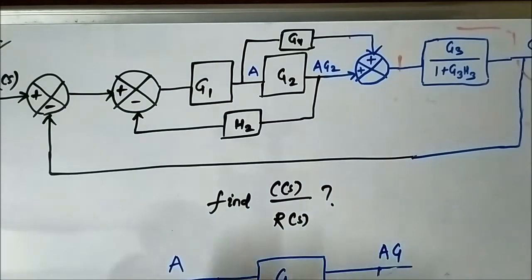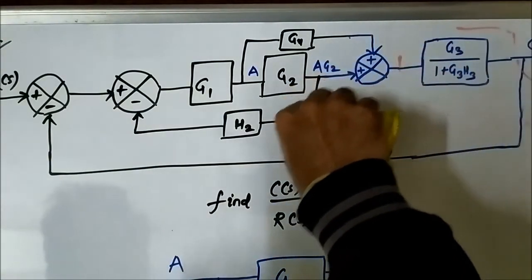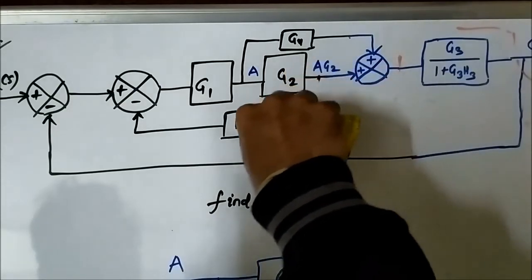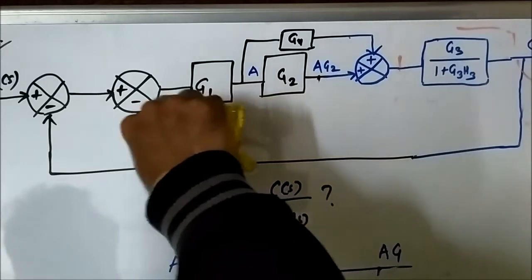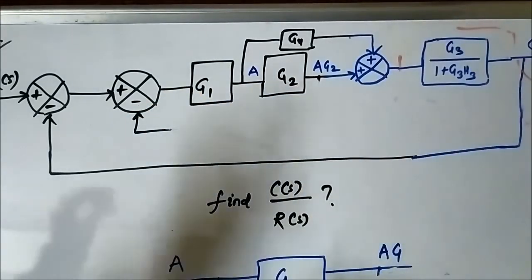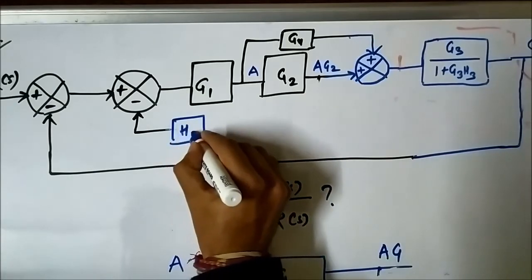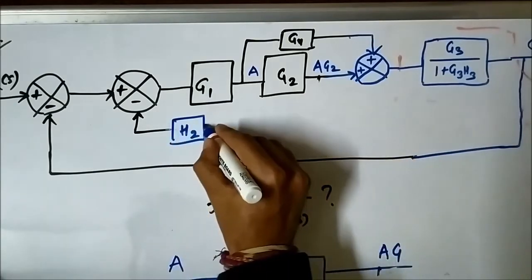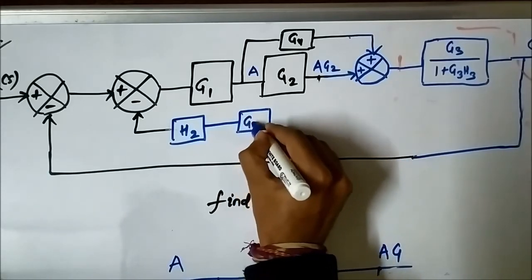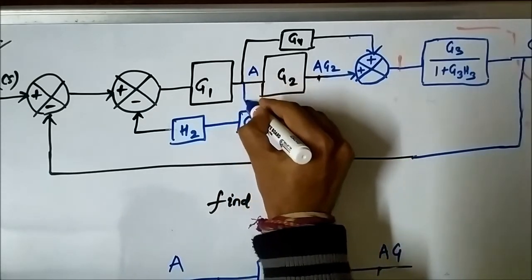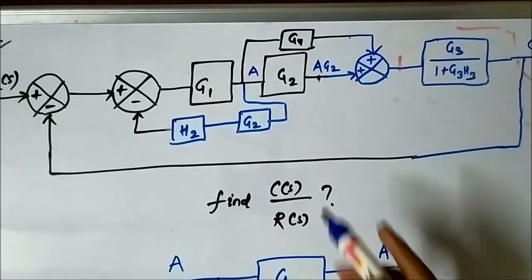So let us do that. So this is the H2 block. Now we'll introduce another G2 block here. So we have shifted this takeoff point here.